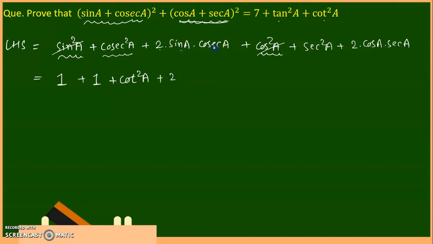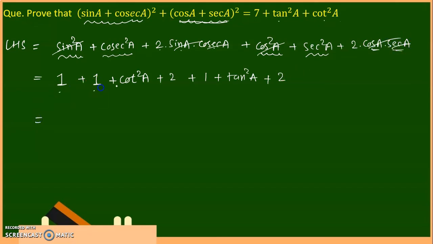Sin a and cosec a are reciprocal of each other, so they will be cancelled out. Here we have sec square a, so that can be written as 1 plus tan square a, and here 2, and cosec a and sec a are reciprocal of each other, so they will be cancelled out.